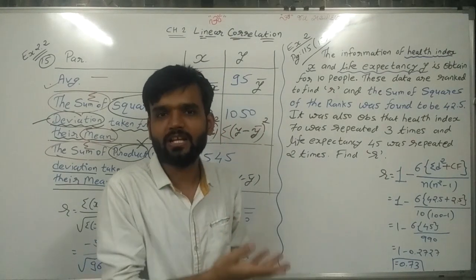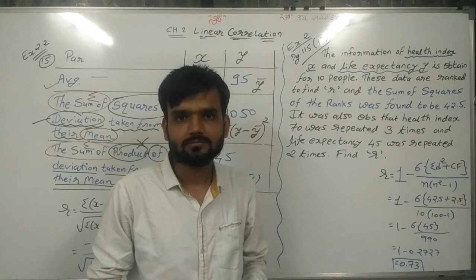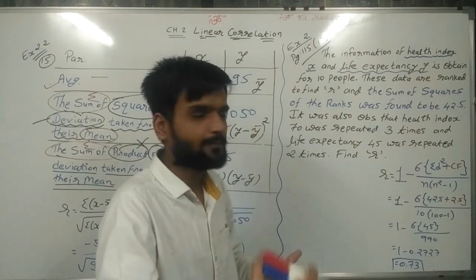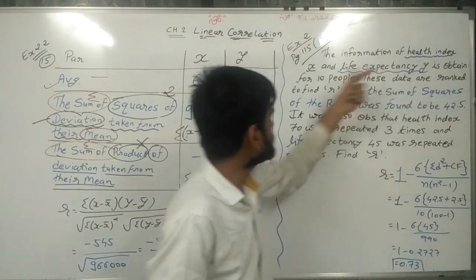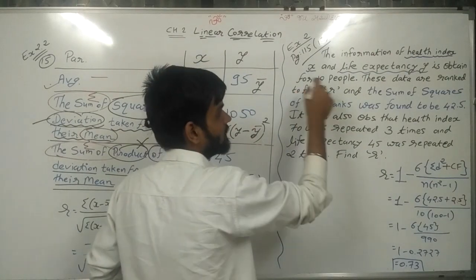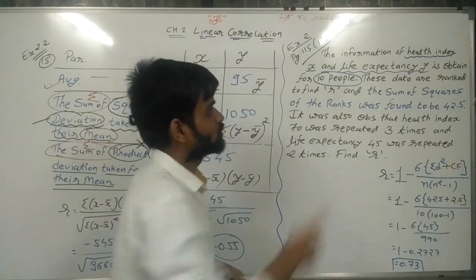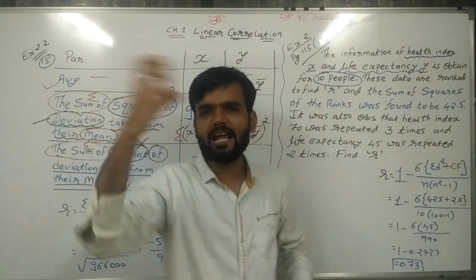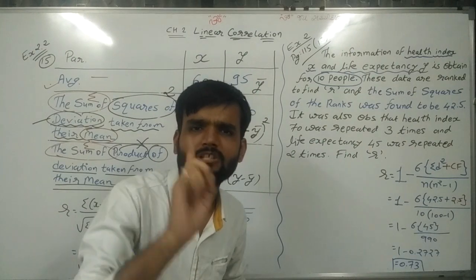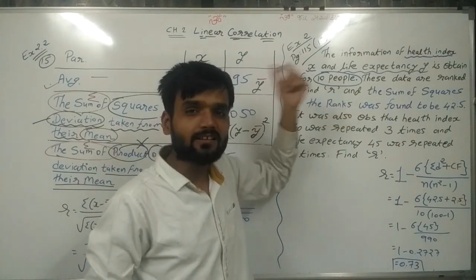Now it is not a variable. We cannot measure it. It's an attribute. Now going ahead, the data is obtained for 10 people. So this information is obtained by observing 10 people. Now what is 10?